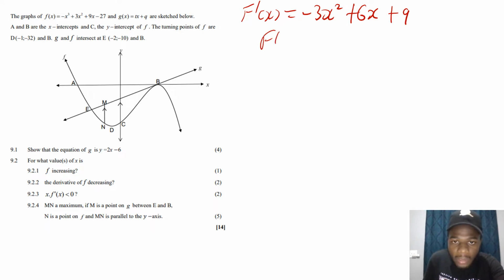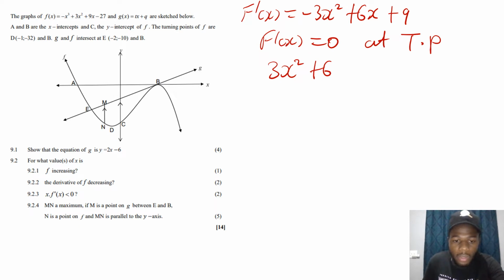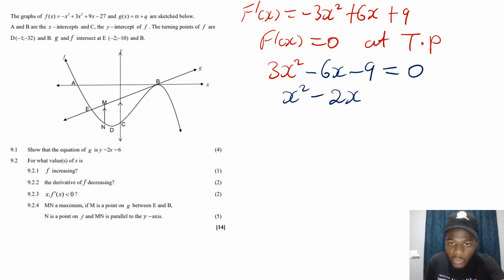Then we know the derivative is equal to 0 at the turning point. So we'll be having negative 3x squared, sorry, it will change to 3x squared minus 6x minus 9 equal to 0. Then we can simply divide everything by 3: x squared minus 2x minus 3 equals 0.